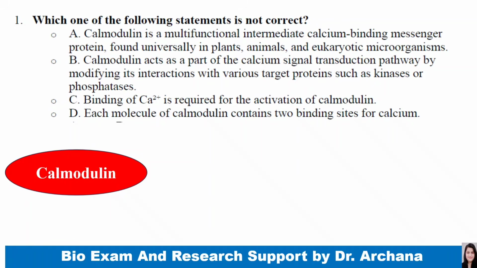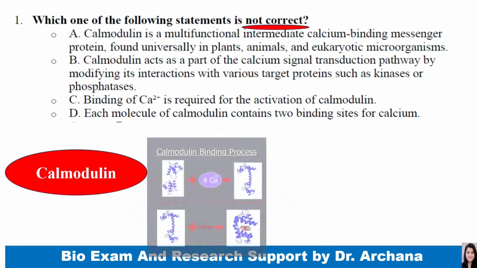Each calmodulin molecule has 4 calcium binding sites arranged in 2 domains. When you look at the options, option D says each molecule of calmodulin contains 2 binding sites for calcium, which is incorrect. And the question is asking which statement is not correct, means which statement is incorrect. So the option will be D.